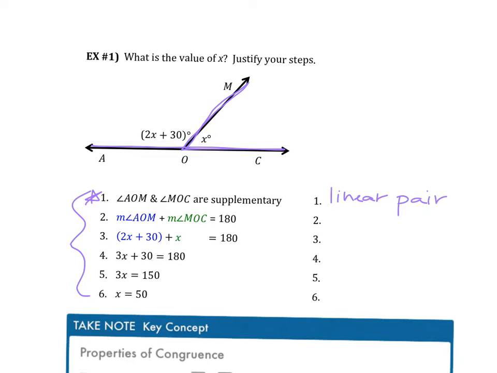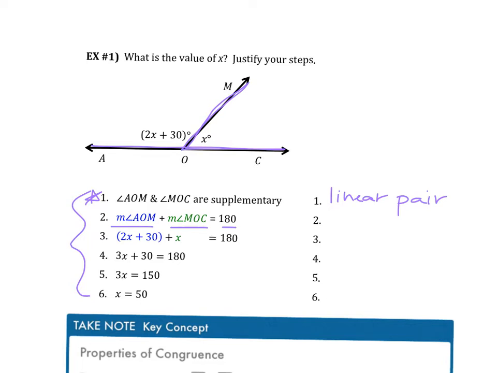So then they say the measure of angle AOM plus the measure of angle MOC is 180. How do I know that those two angles have to add up to 180? What did they tell us in the step before? Yeah, Jared. Okay, but in the step before, they told us they're supplementary, right?